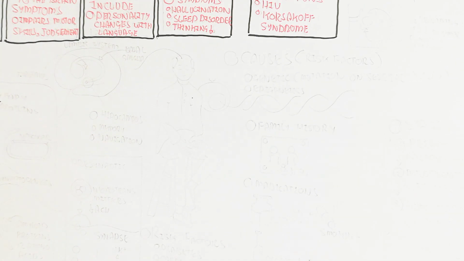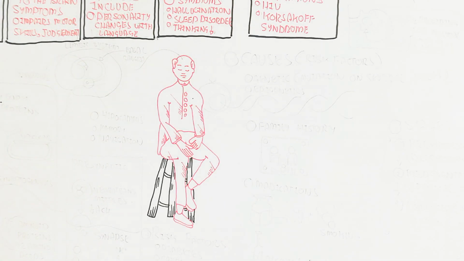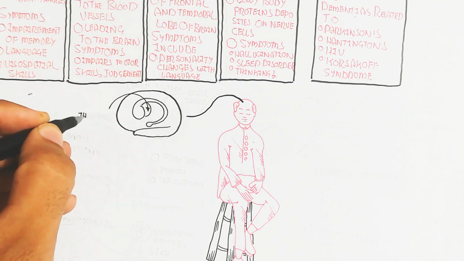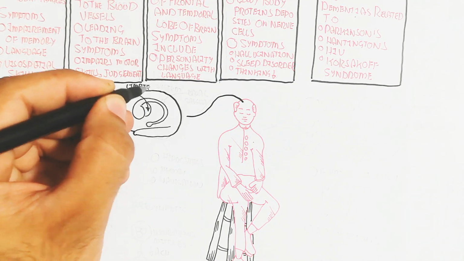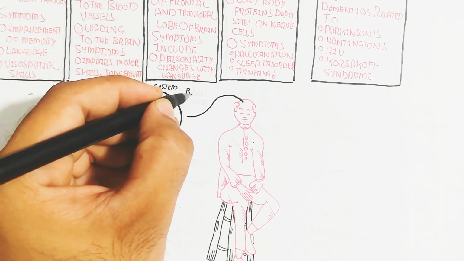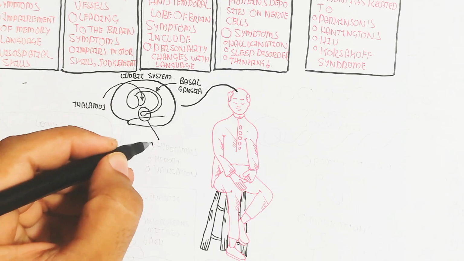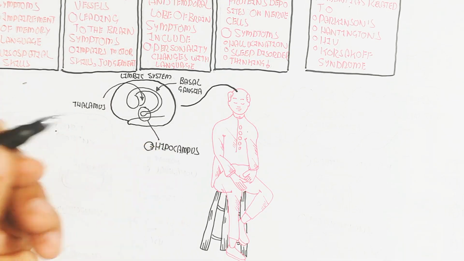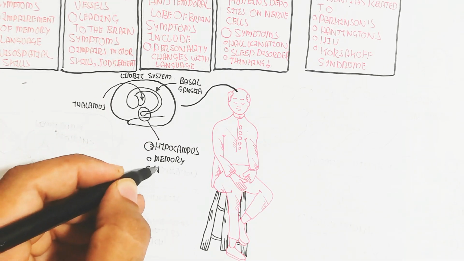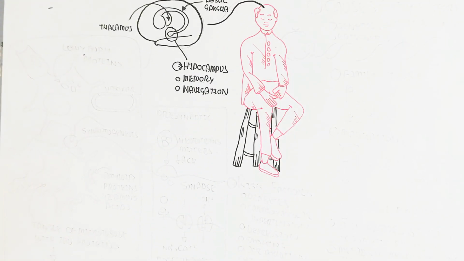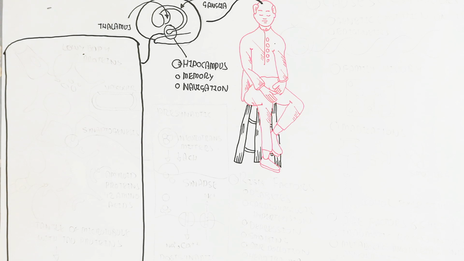Let's understand this in the old person, more than 65 years. Basically, the limbic system is present in the brain. The limbic system is important for controlling emotion, thinking, happiness, rage, etc. The thalamus and basal ganglia, and the hippocampus, are important for memory and navigation.